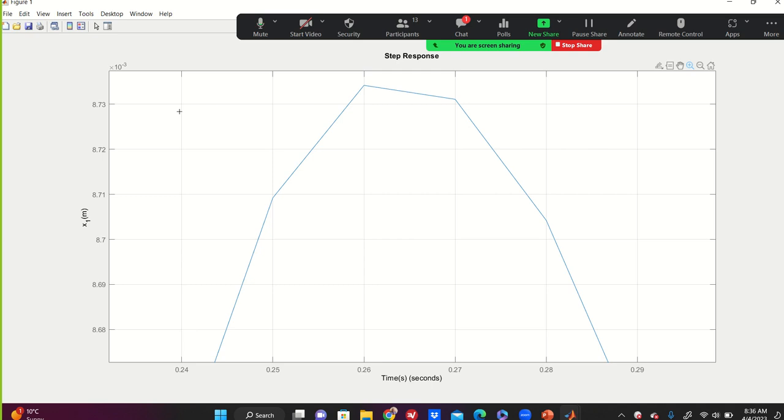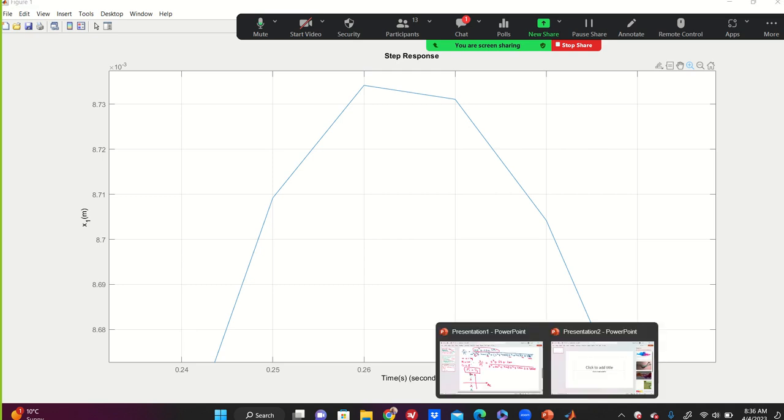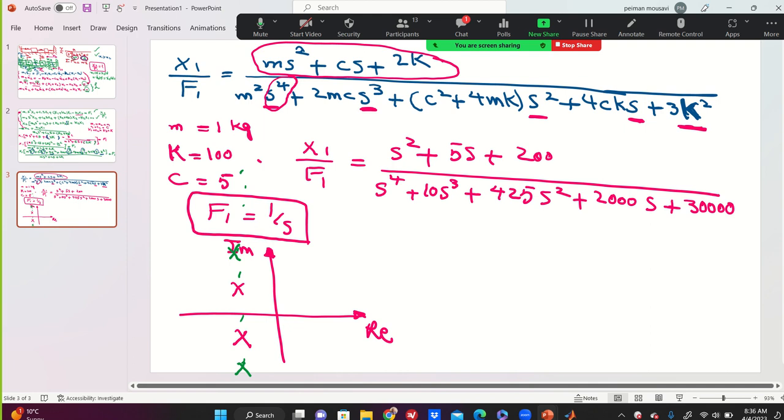Remember that overshoot of the system I told you? Not percentage. See, Mp, maximum overshoot I told you in percentage, is e to the minus zeta pi divided by the square root of 1 minus zeta square. So now you have this side.